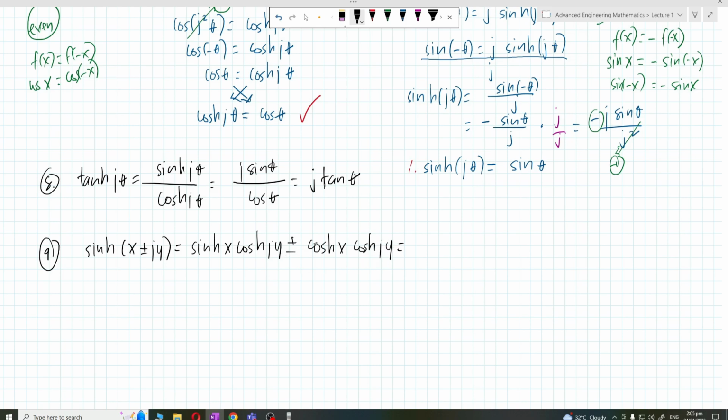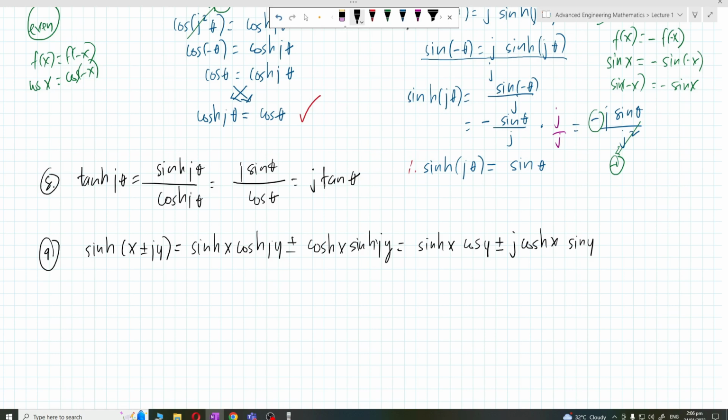So, lahat ng meron j sa loob, you write it as trigo kasi hyperbolic ito. So sine hyperbolic of x. Yung cosine hyperbolic of jy, same as the cosine of y. Then plus, minus. Copy lang ito. The sine hyperbolic of jy is j sine of y. So sine of y. And then dito yung j sa tabi ng cosine hyperbolic of x.